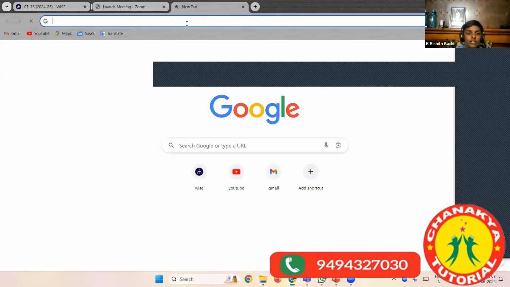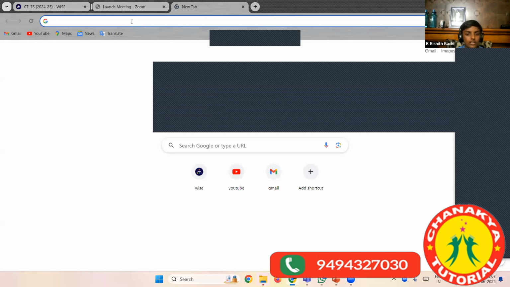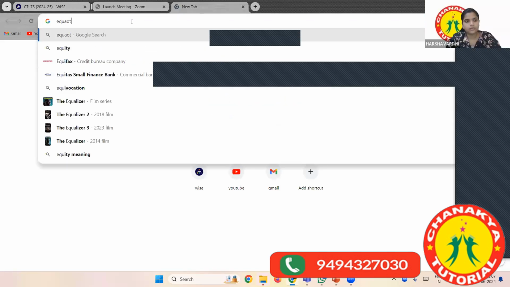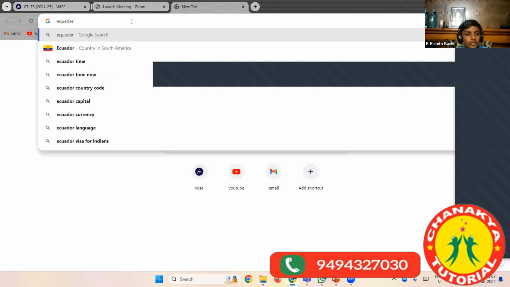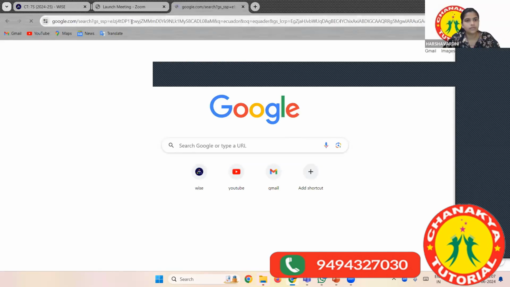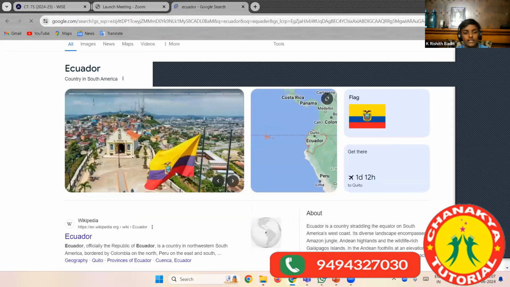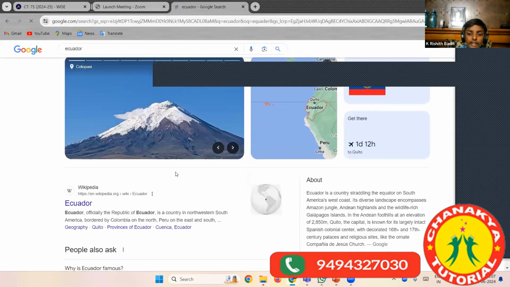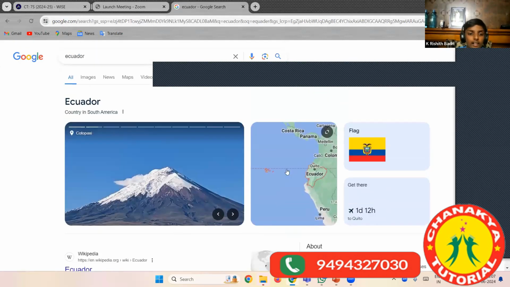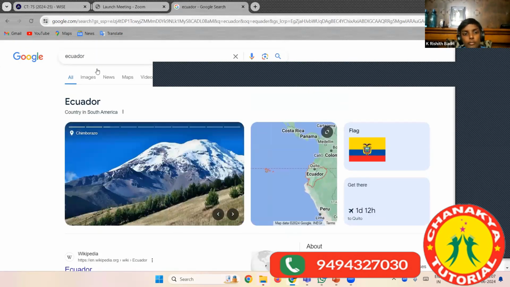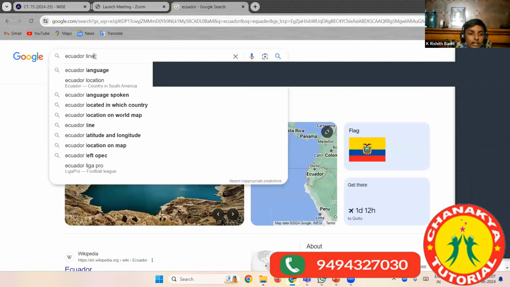Some place called Ecuador, I think. What is happening in Ecuador? No one can walk straight on that line. A person might fall down.